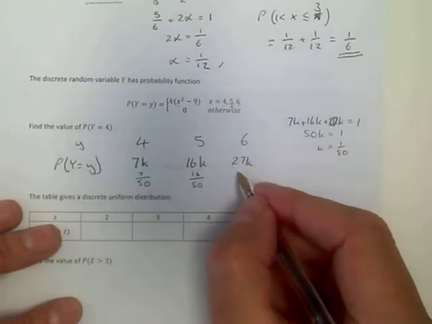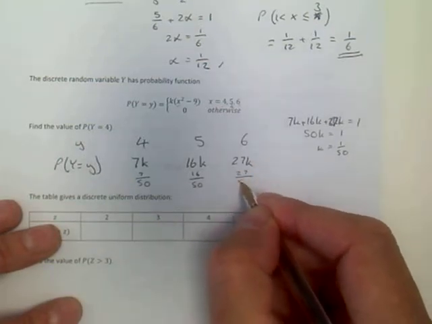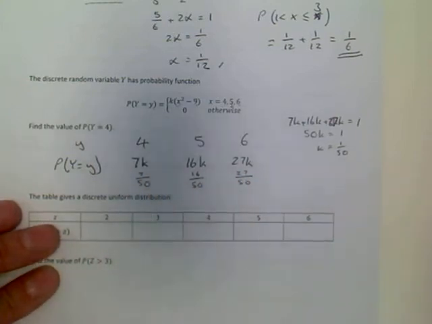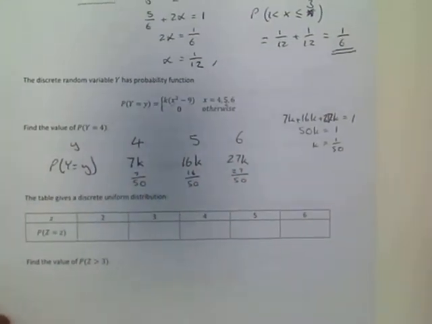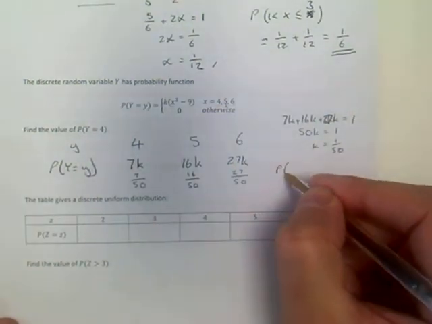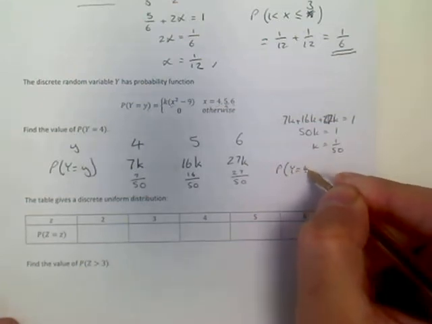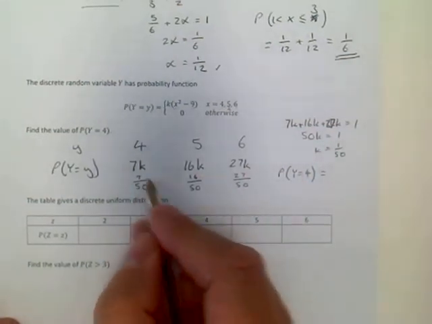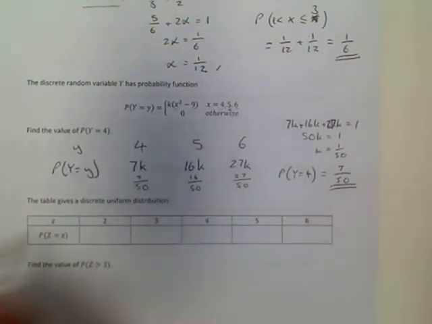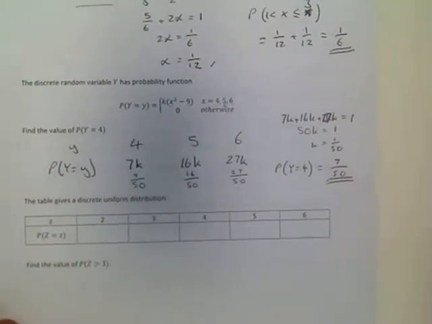And the probability of getting a 6 is 27 over 50. And if we add those up, we get 1, don't we? Or 50 over 50. So the probability of y being equal to 4 is 7 over 50. I've actually worked out the others as well there, haven't I?